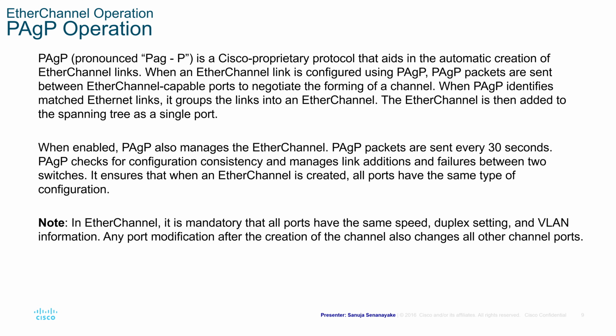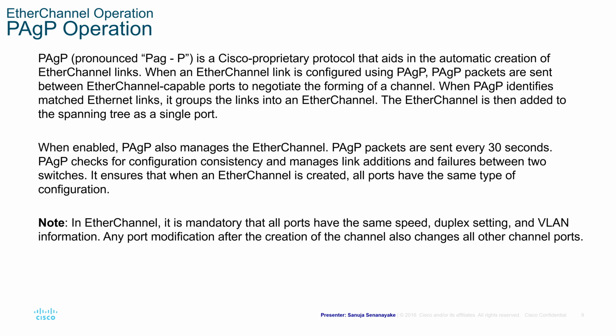When PAgP identifies matched Ethernet links, it groups the links into an EtherChannel. So the PAgP packets will identify what Ethernet links are going to be matched for a particular associated EtherChannel, and then that will be used to group those links into an EtherChannel.